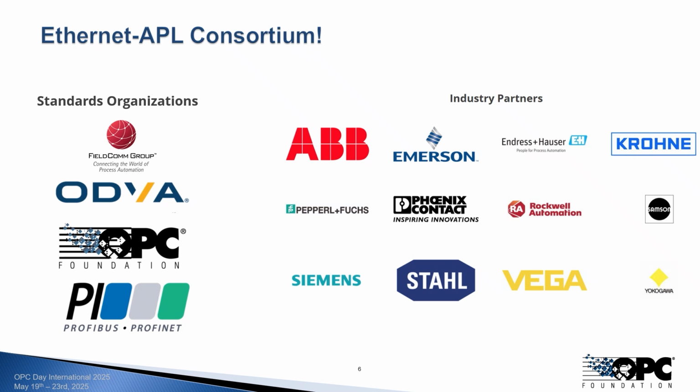So when ABB brings a product to a lab, and it's testing it for OPC and it's testing the APL piece, it doesn't want to have to also bring the product back to the PI lab and have it retest the exact same APL tests. So the PI lab would accept the OPC results and it just has to test the PI aspects, the Profibus or Profinet. So the same thing can happen from all of these vendors, and that's what prompted the sharing of results.